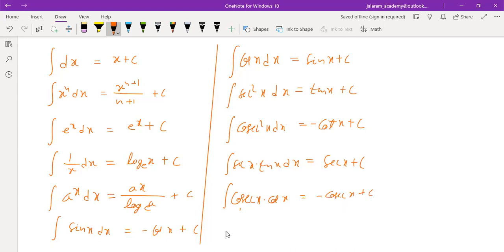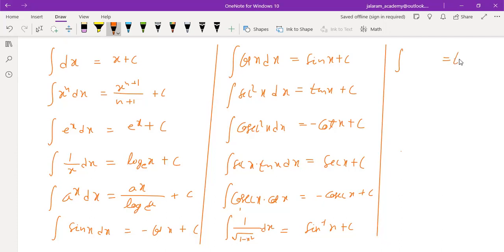So these formulas we have studied, and we have also studied the direct formulas of inverse trigonometric functions, which are derived from differentiation. We know differentiation of sin inverse x is 1 upon root 1 minus x square. So the integration of 1 upon root 1 minus x square with respect to x will be sin inverse x plus c.